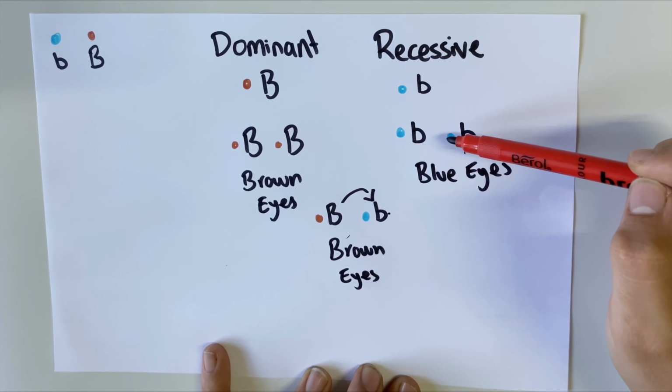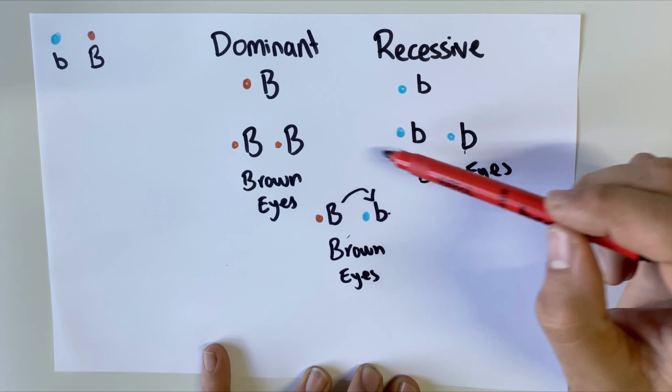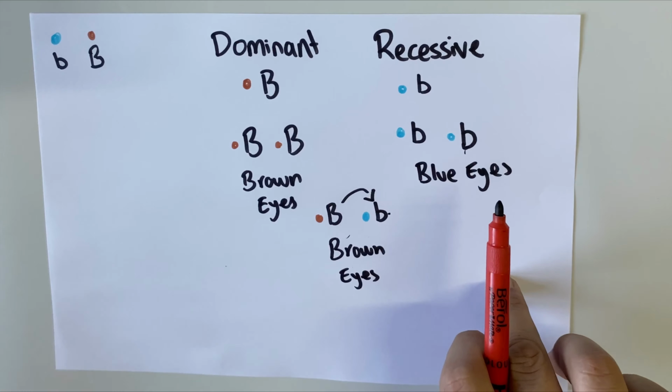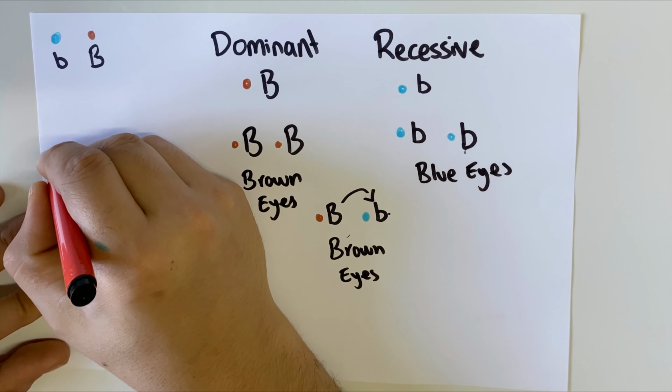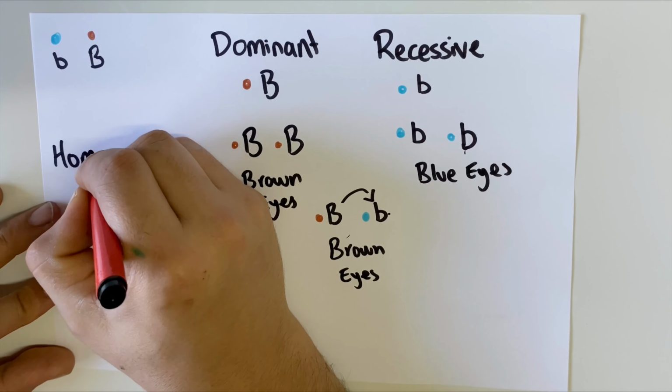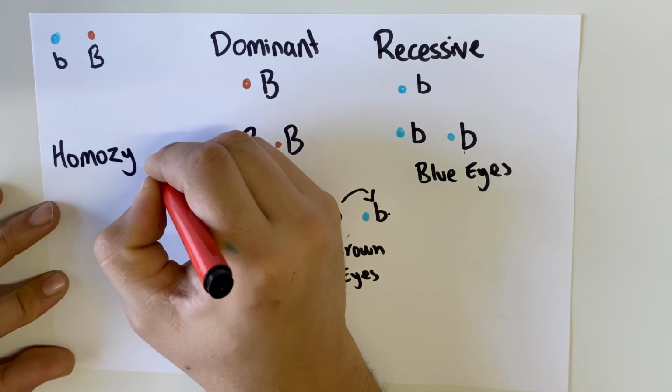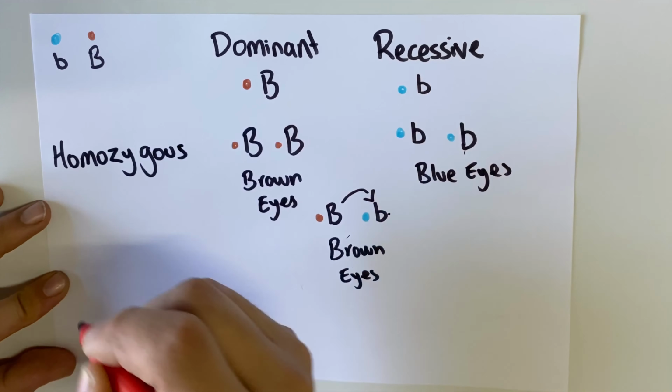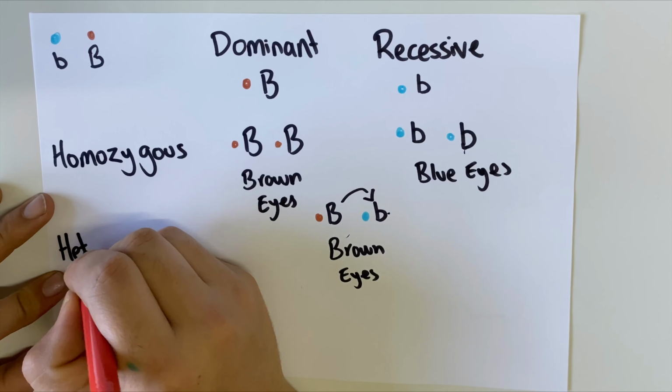And this is where we can now bring in our last 2 terms, which are homozygous and heterozygous.